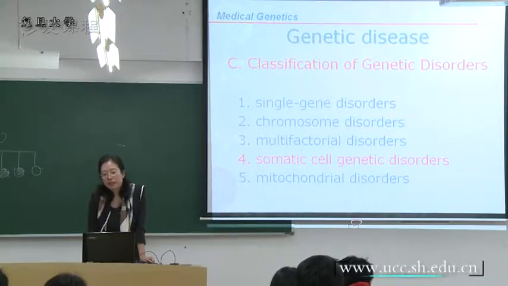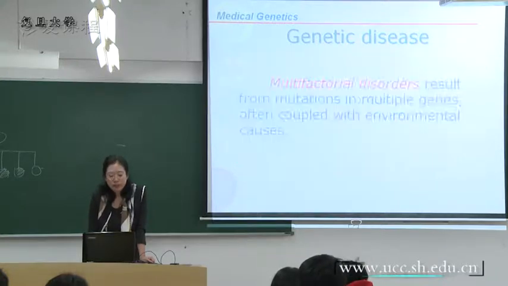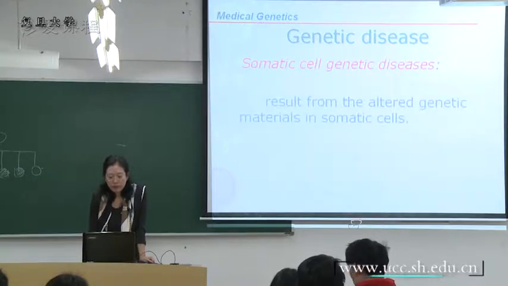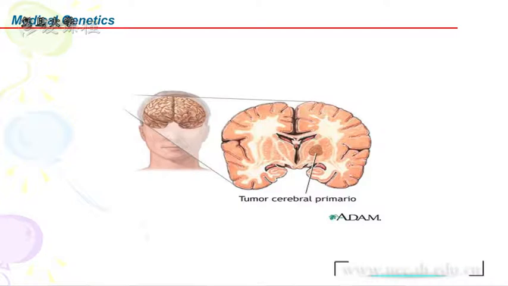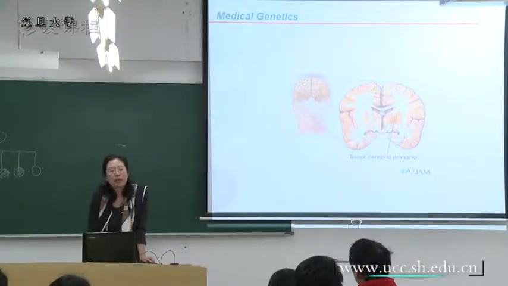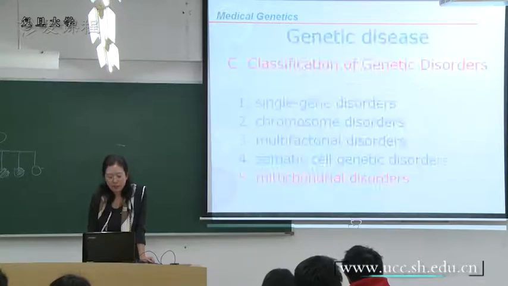But somatic cell genetic disorder is only in some organ, some tissue. Like this picture, cancer, tumor. The gene mutation is only in the brain, not in each cell of your body.